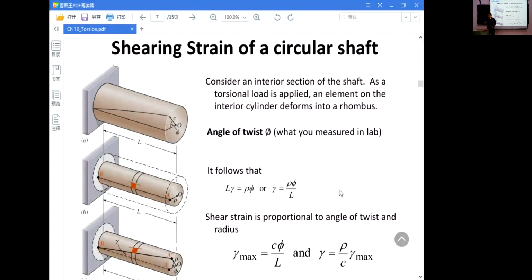It is proportional to the distance. The shear strain on the circumference is higher than the one inside. On the outside it is higher. At the center, it is small. At the same time, the shear strain is 0. Yes or no?